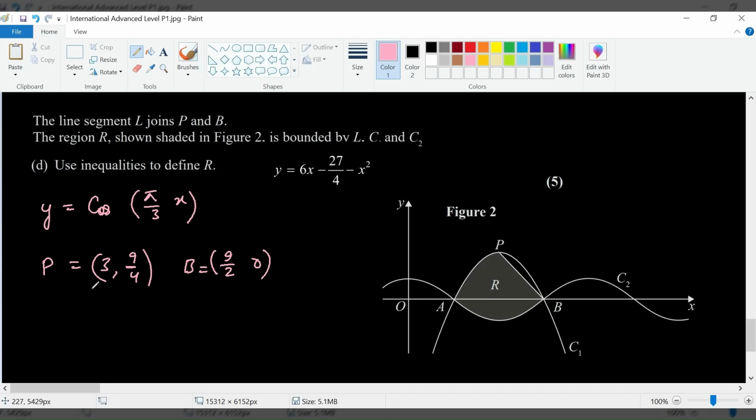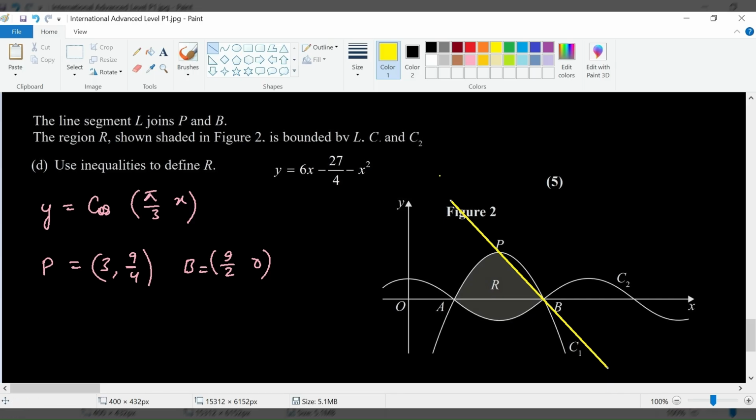Now we need to find the gradient of this line that we are talking about, the line PB. First of all, we need to find the gradient of this line.